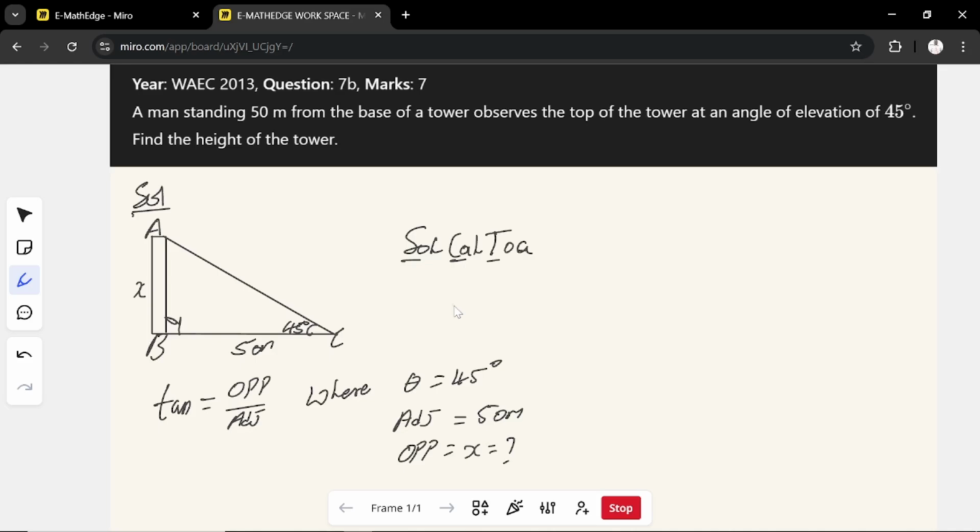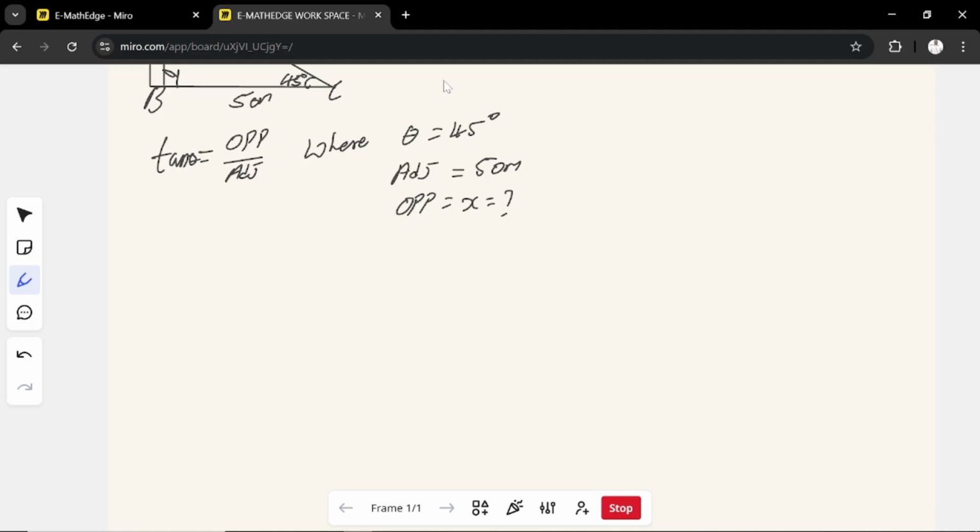So with this data, we'll be able to substitute for the adjacent and the angle in order to obtain the opposite. So let's quickly go ahead and do that. Mind you, we have theta here. Tan theta is equal to opposite all over adjacent. So now, since we know our theta to be 45 degrees, what we are going to have next is tan 45 degrees equal to the opposite, which we don't know and we target x, over the adjacent, which is 50, right?